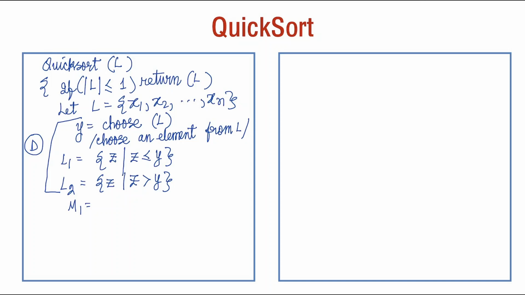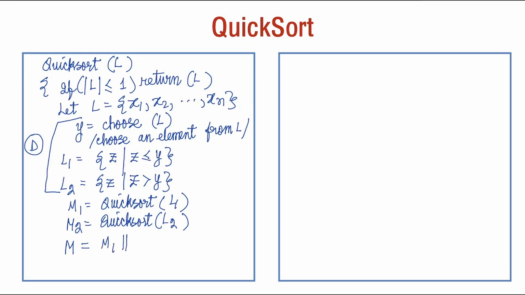Then again our recursion: quicksort L1, M2, quicksort L2. And our recomposition step is now a very simple step. M is equal to M1 concatenated with M2, just a concat.